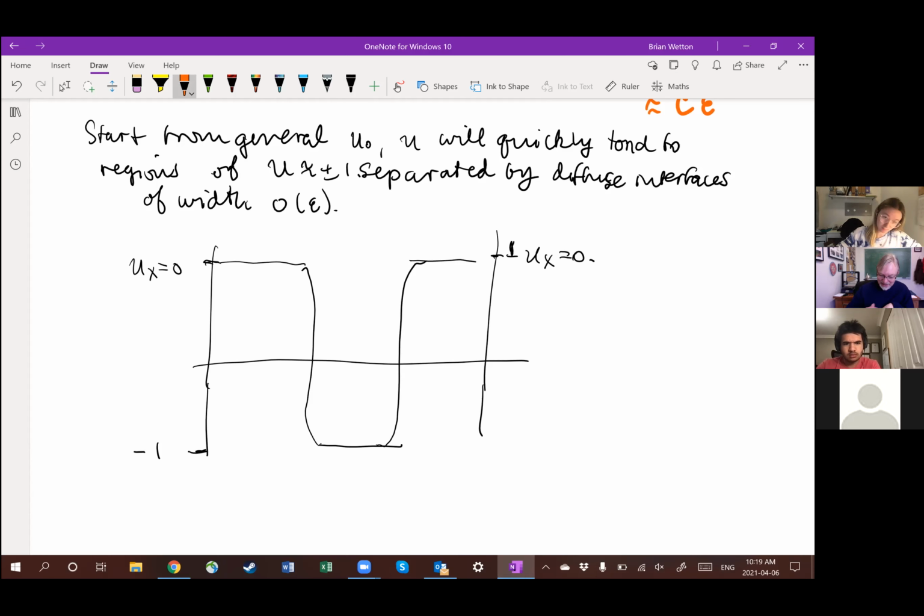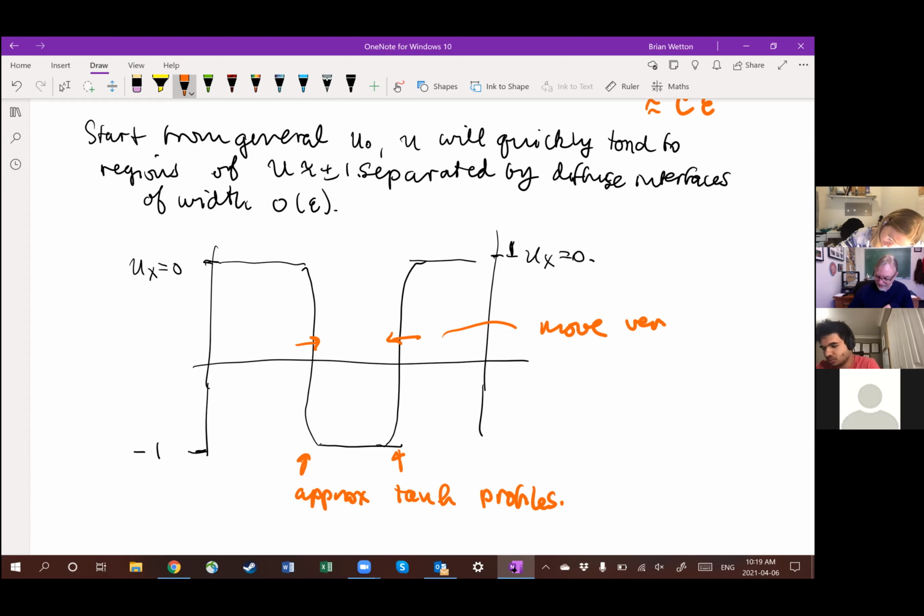And these are approximately these hyperbolic tangent profiles scaled by epsilon, and they will move. So the interfaces will then move, but they move very slowly. So it's, I'll say, exponentially slowly.